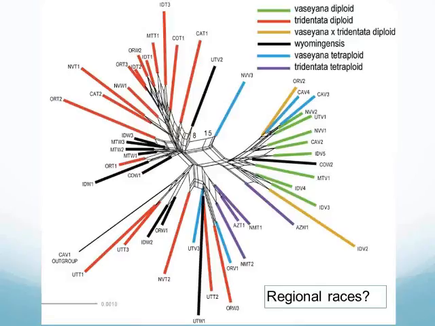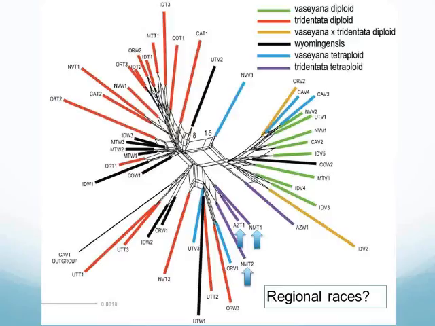And again, here's that same Bassiana group with the wyomingensis over here. And then you find these tetraploid tridentata subspecies interspersed between these two groups.